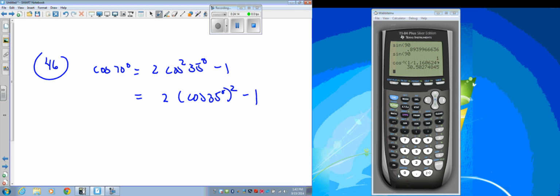So what they're telling you to do is to do the cosine of 70, and then do 2 cosine 35 degrees squared minus 1.